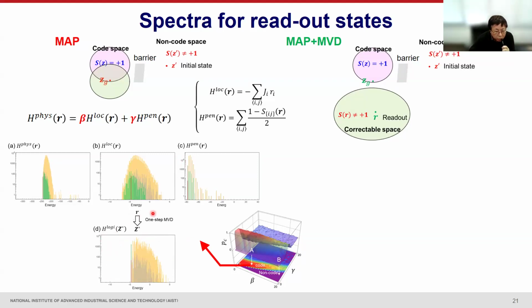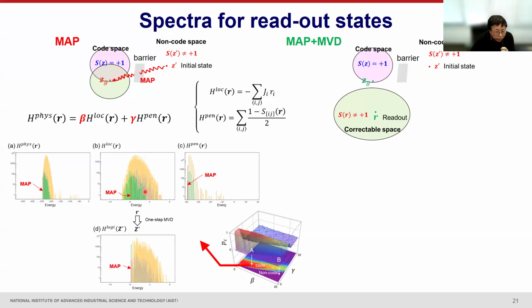If we set the parameters at A here, then these red beans indicate the contributed readout states for MAP decoding without majority vote decoding. Their spectra are consistent with the expected ones.